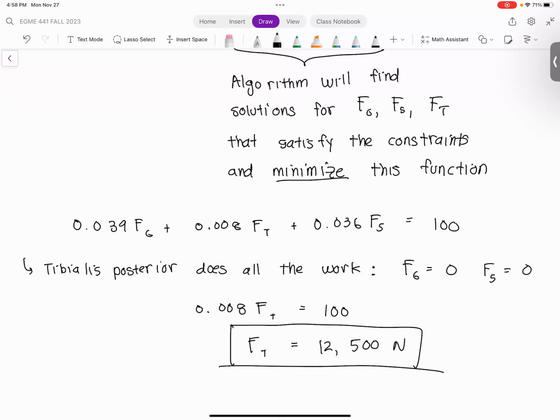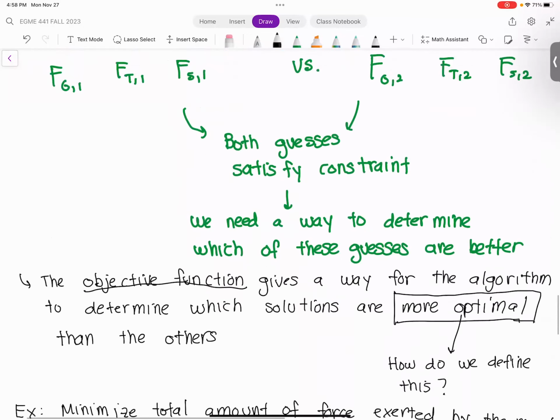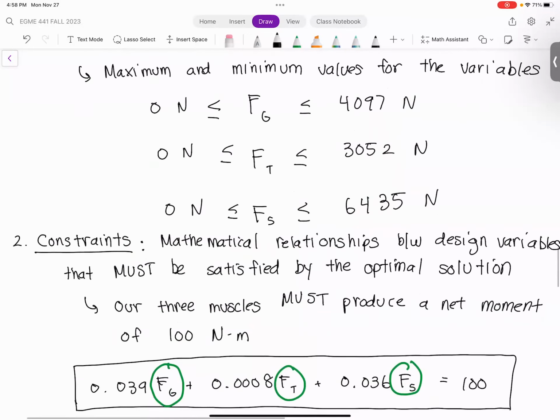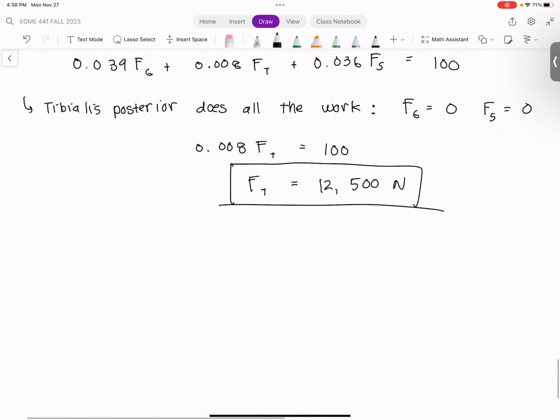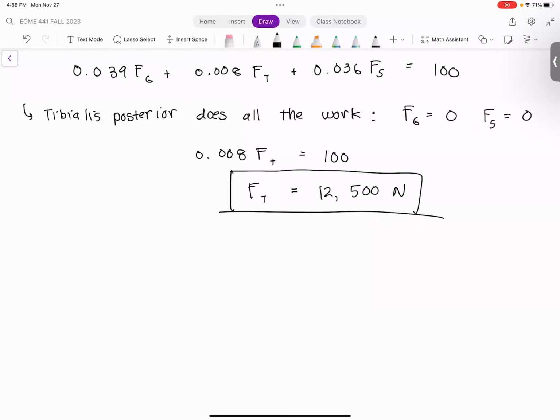All right. And so, of course, if you remember our design variables here, that of course violates the maximum. So technically, this is not a valid solution, but we'll assume that this is valid for a second. Okay, so we're just illustrating the objective function.